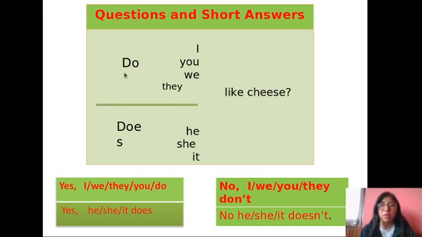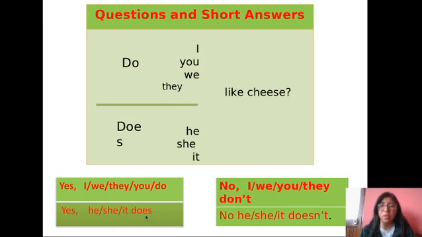Okay, por lo tanto, do you like cheese? ¿Cómo respondo? Yes, I do. Recuerde, usted tiene que responder con el auxiliar con el cual le preguntan. For example, does he like cheese? ¿Cómo respondo? Yes, he does.